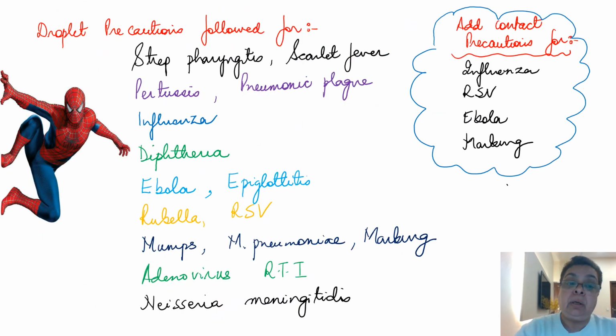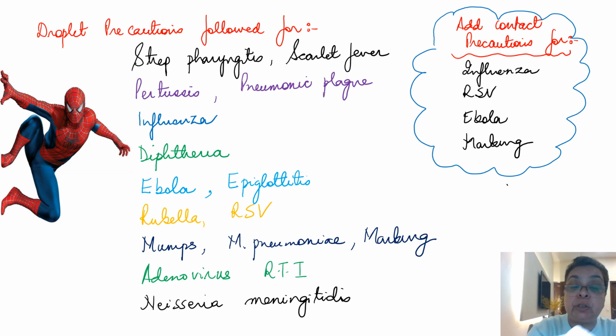Okay. So droplet precautions are followed for which of the following? You can use this mnemonic, as you can see, the word Spider-Man, to remember the organisms or infections for which we're going to follow them.